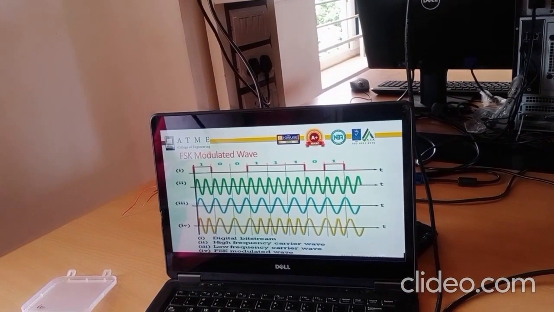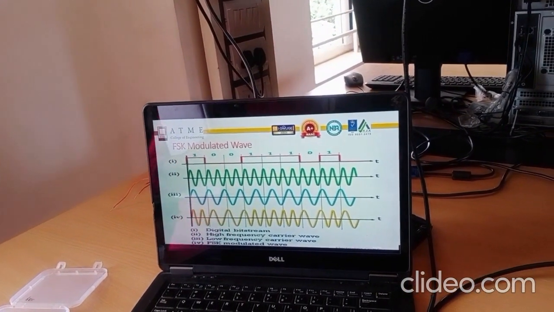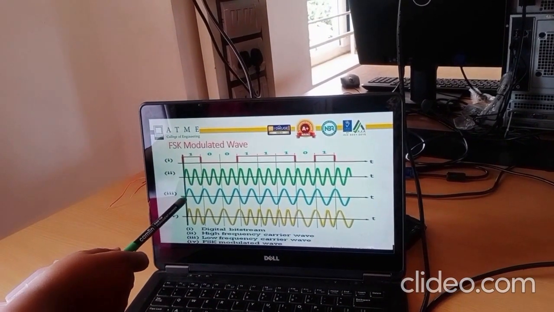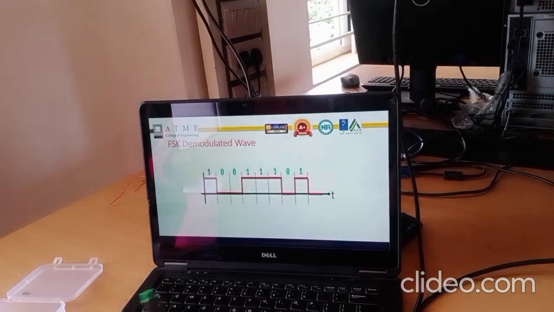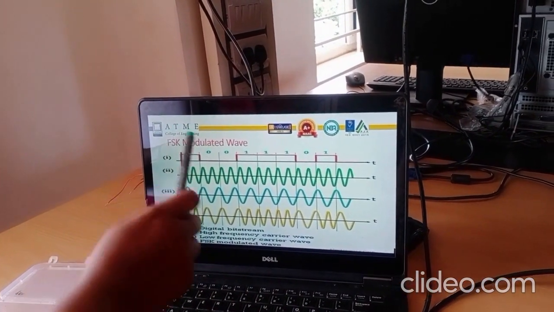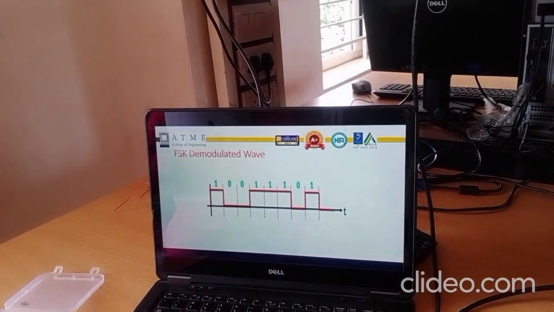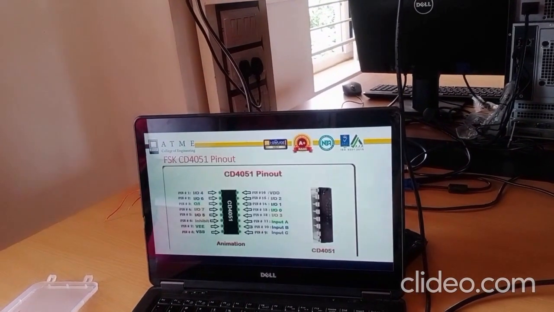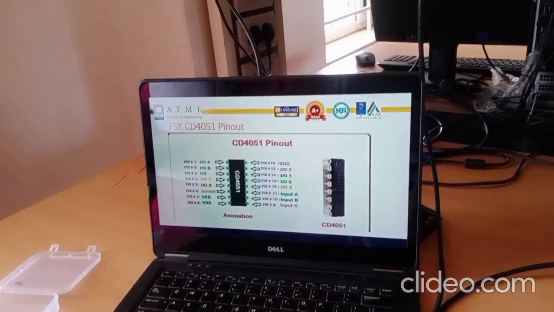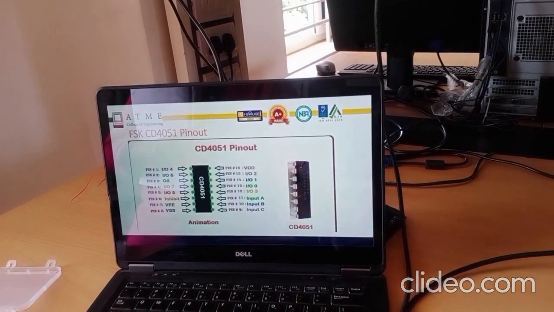For binary 1 we will get a high frequency signal, and for binary 0 we will get a low frequency signal. This is the demodulated wave, wherein the message signal which was given is generated back. And this is the IC we will be using for FSK modulation, that is CD4051.